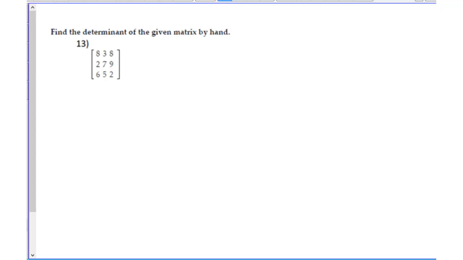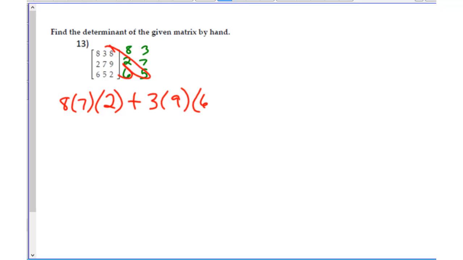I kind of think it's easier just to explain the diagonals, where you write out the first two columns again, and then we're looking at the diagonals going this way. Okay, so 3 diagonals, so 8 times 7, and now I can't read what the matrix says. 2. 8 times 7 times 2, plus 3 times 9 times 6, plus 8 times 2 times 5.